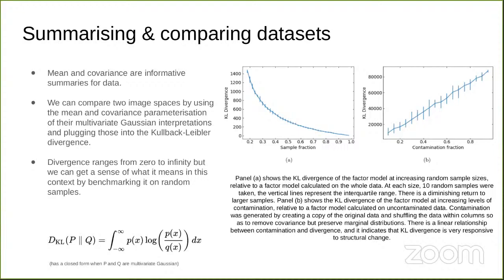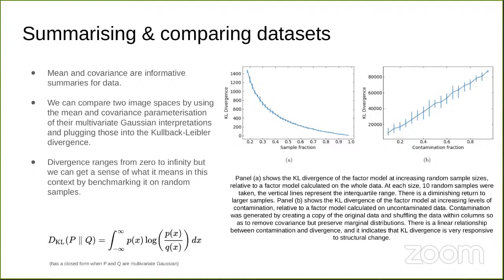So what I've done in this diagram is, the Kullback-Leibler divergence just goes from 0 to forever, and it doesn't have a natural interpretation. If the divergence is 600, it doesn't mean anything obvious.